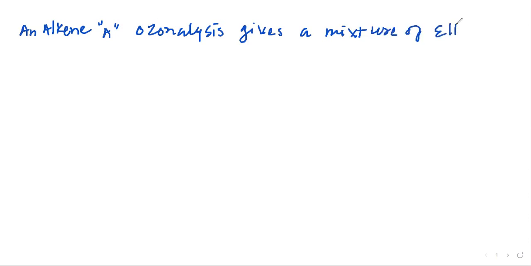An alkene A on ozonolysis gives a mixture of ethanal and pentan-3-one.